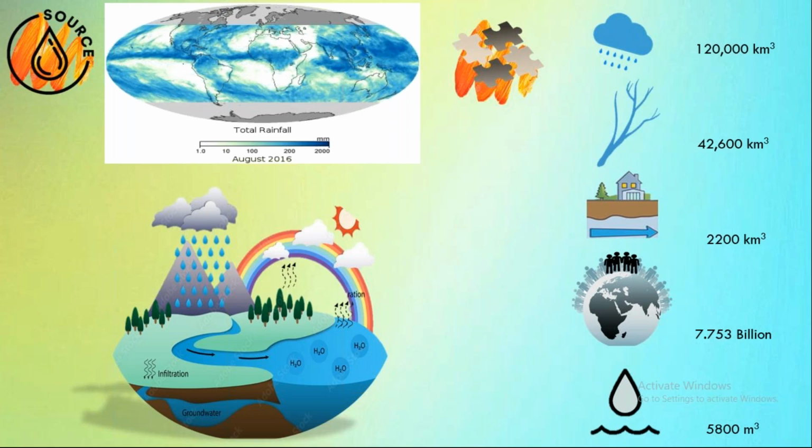So combined, we have this stream water as well as groundwater for our uses. The population of the world is 7.7 billion right now, and by dividing the total water availability per capita, we have 5,800 meter cube per annum for a person of the world.